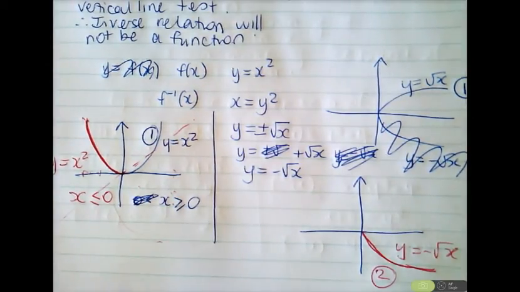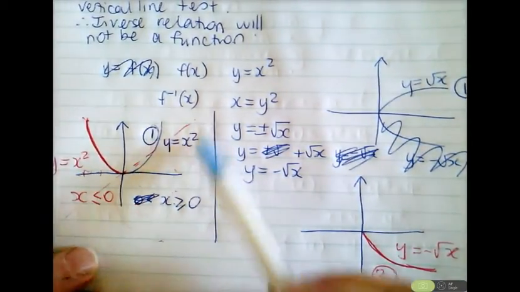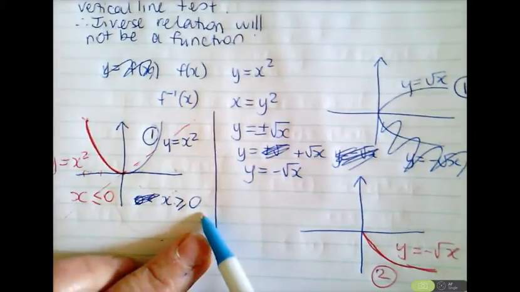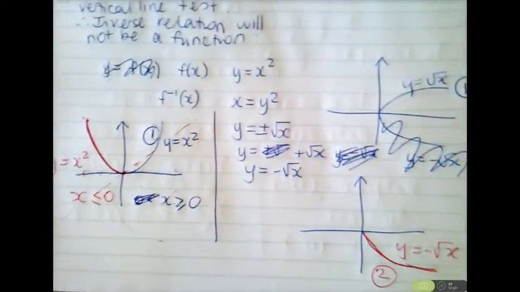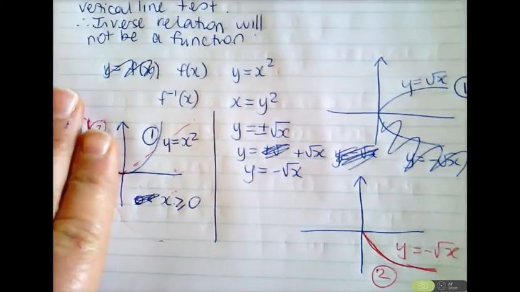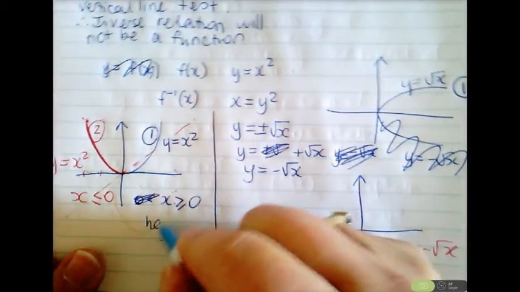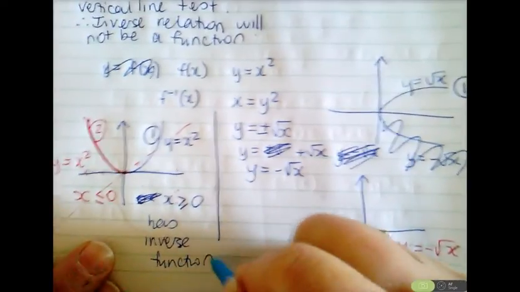So this is y equals x squared for x greater than or equal to 0, does have an inverse function. So curve 1, y equals x squared for x greater than or equal to 0 only, if I restrict the domain, has an inverse function. All right? Only that bit.